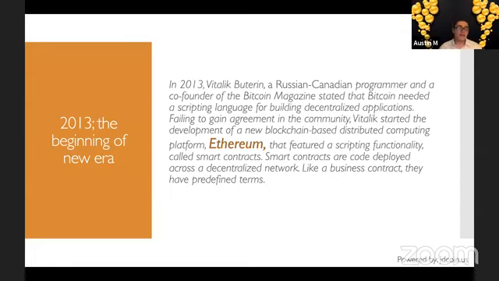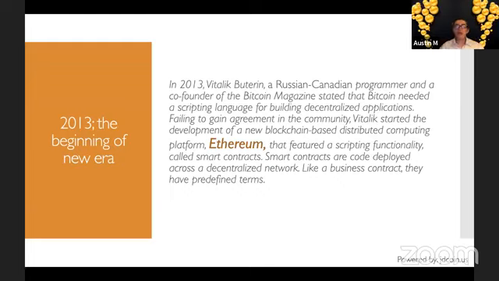But since it didn't really gain much agreement with the community, Vitalik started the development of his own new blockchain-based distributed computing platform, which we've all come to know as Ethereum. That featured a scripting functionality called smart contracts.